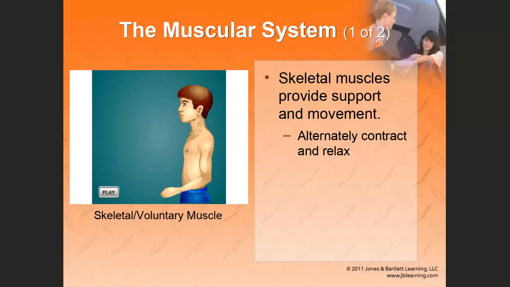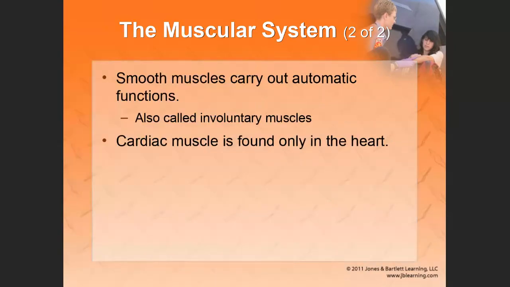You have the skeletal muscles, you have the cardiac muscles, and you have smooth muscles, which are found within the intestines and the walls of the arteries. So smooth muscles carry out automatic functions, and they are also called involuntary muscles. Cardiac muscle is found only in the heart.